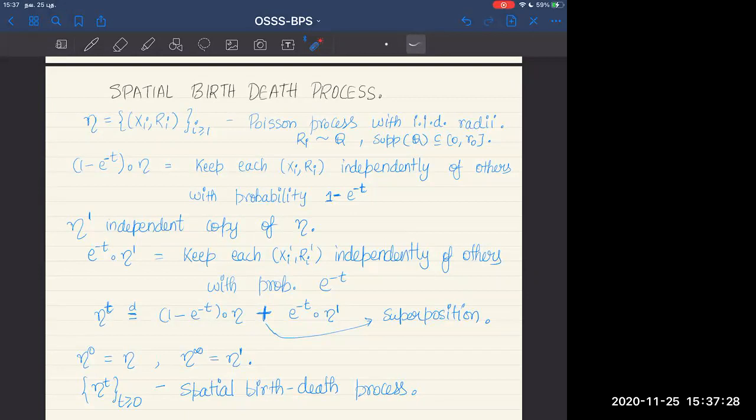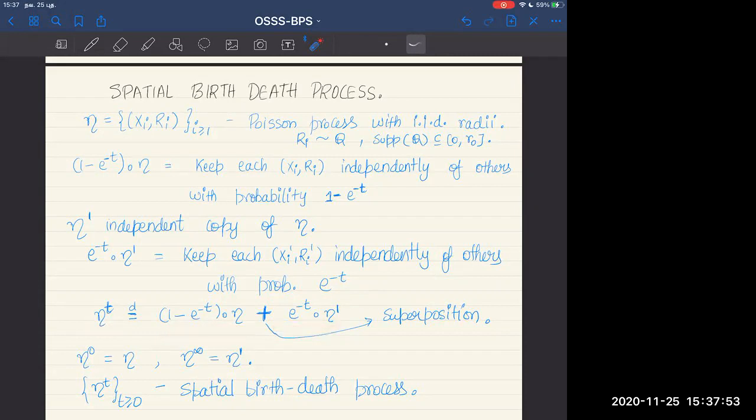Now eta prime is an independent copy of eta, and in eta prime, I keep each point with probability e to the minus t. And eta t is nothing but a superposition of these two.